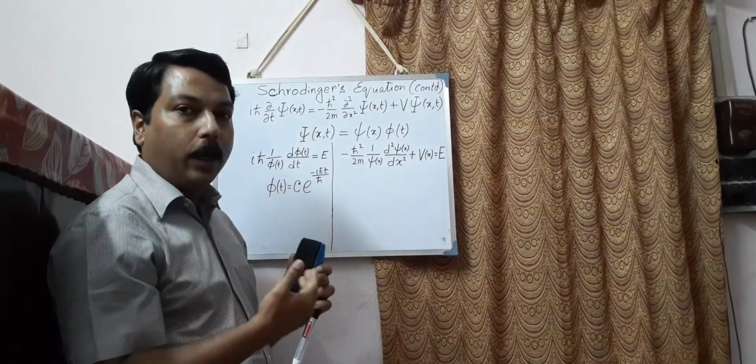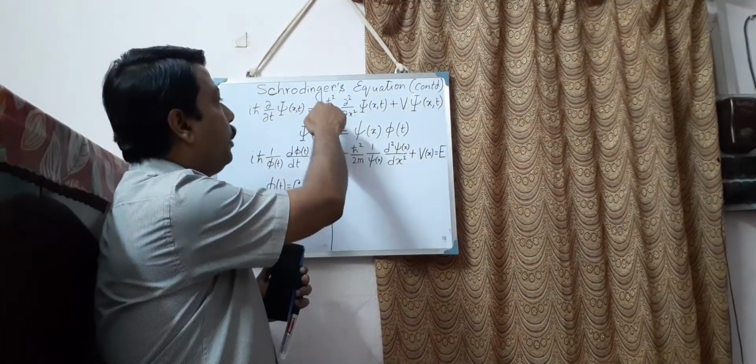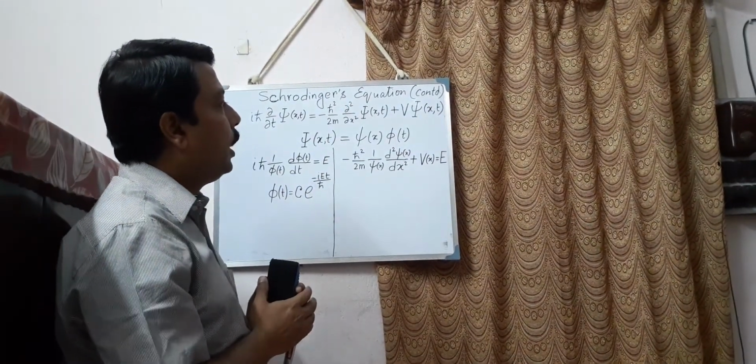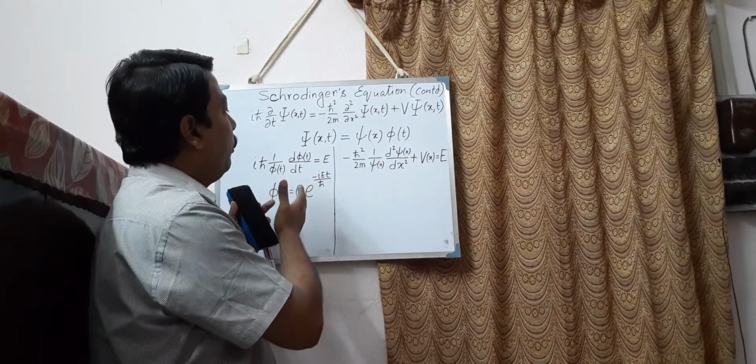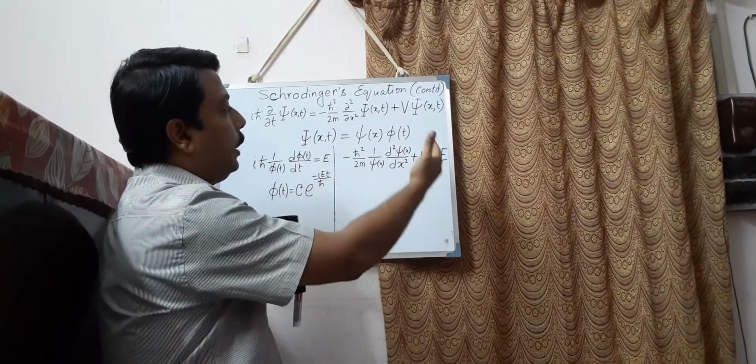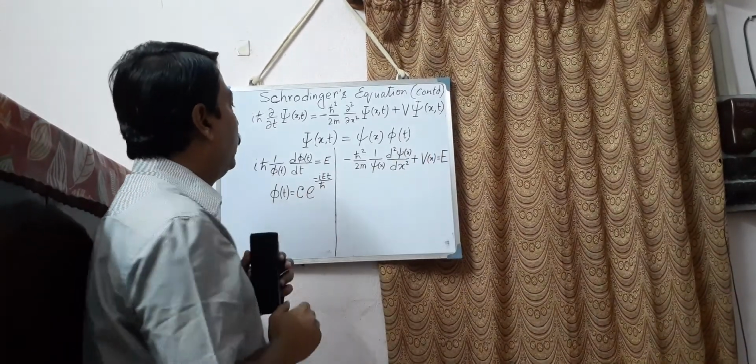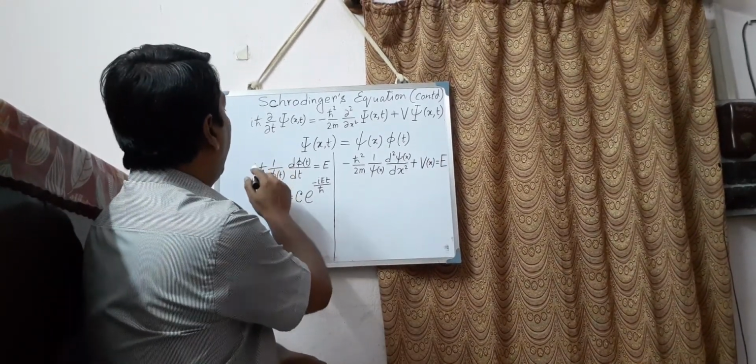So this is the method of separation of variables that we had applied to the original Schrodinger equation, and the idea was to separate out the time part of the equation and the x part of the equation separately, which we ended up with.